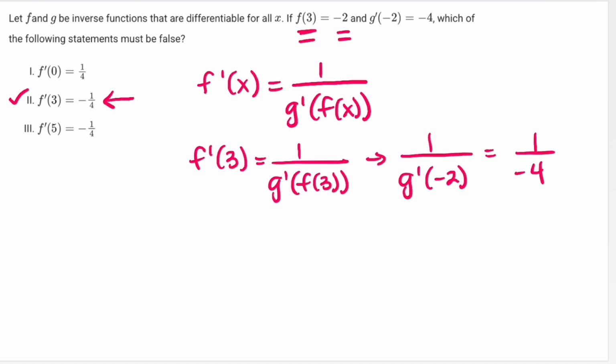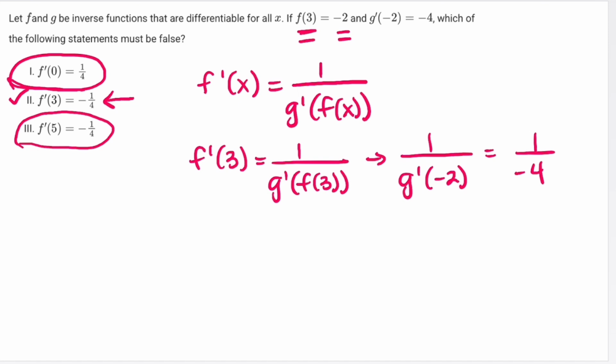Now, we don't know anything about 5 or anything about 0. But if these functions are differentiable for all x, so they're going to be differentiable everywhere, both the function and its inverse, okay, so the function and its inverse are going to be differentiable everywhere.